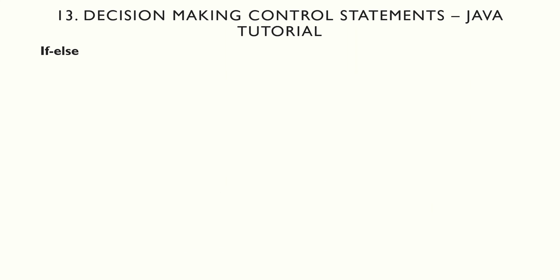If else statement. The simple if statement tells us that if the condition is true, execute the block of code. In case of false, the code block does not execute at all. Let's say you want to execute another block of code when the condition fails. Java provides us with the else statement.